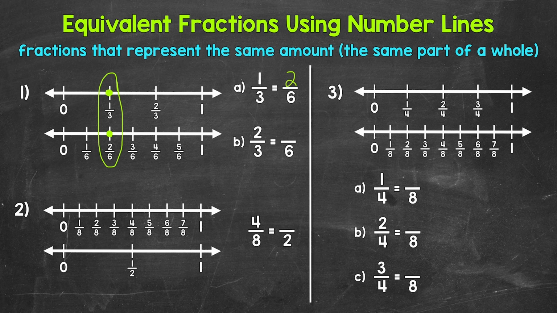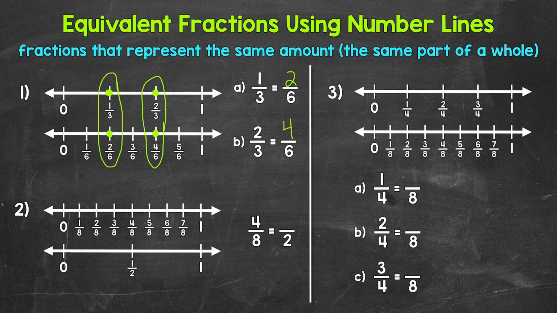Moving on to B, we have 2/3 is equivalent to how many sixths? 2/3 is right here. Well, right below, we can see that 4/6 is at the same place on the number line. 2/3 and 4/6 are equivalent fractions. Let's move on to number 2, where we have 4/8 is equivalent to how many halves?